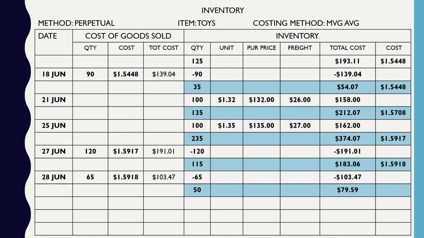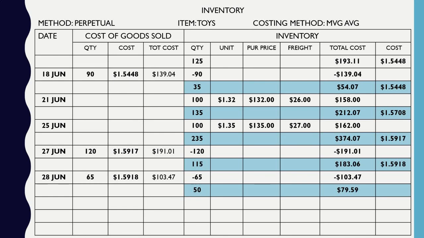So every time you sell something, you subtract that amount, and then the cost gets divided up again among the items you have left. Okay, that makes sense.